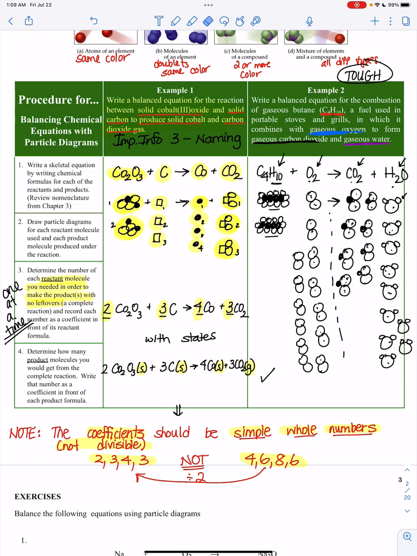This involved a lot of particles, so I'm going to try and use a different color here. I needed 2 of my C4H10s. I needed 1, 2, 3, 4, 5, 6, 7, 8, 9, 10, 11, 12. I needed 13 O2s.